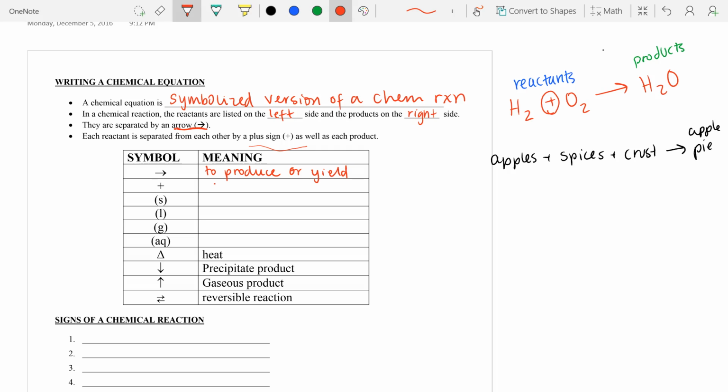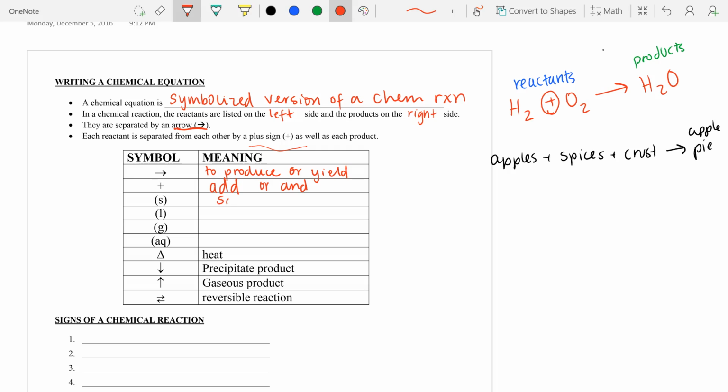The plus sign means the same thing as it does in math class. It means to add, or "and." So you could say hydrogen and oxygen produce water, or you could say hydrogen and oxygen were added together to produce water. Either would be appropriate.